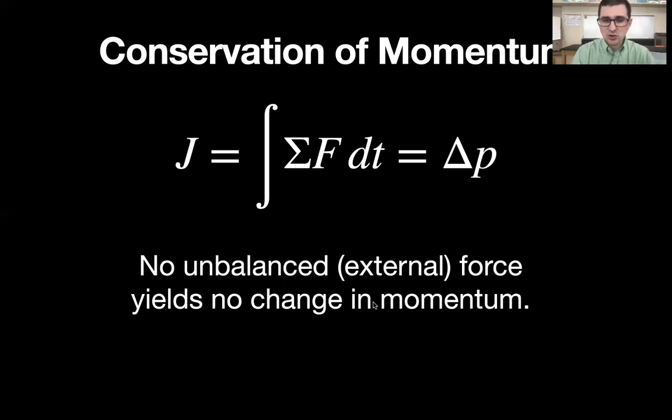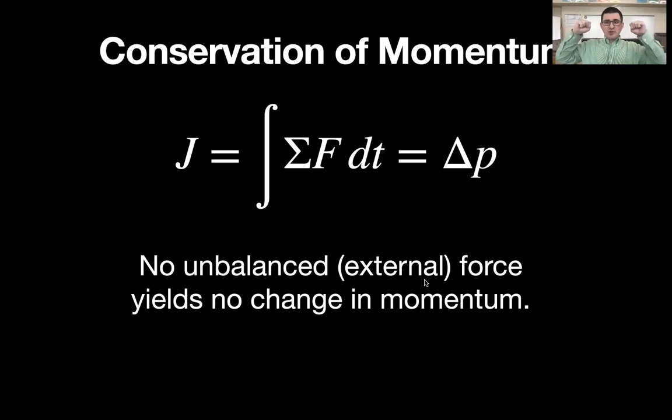But this word external right here is actually doing a lot of work. Because let's say we take 2 hockey pucks on frictionless ice. So frictionless would be an external force, but let's say it's not. And then they clank into each other. If we call one of the hockey pucks our system, then the other hockey puck hitting it is going to be an external force.